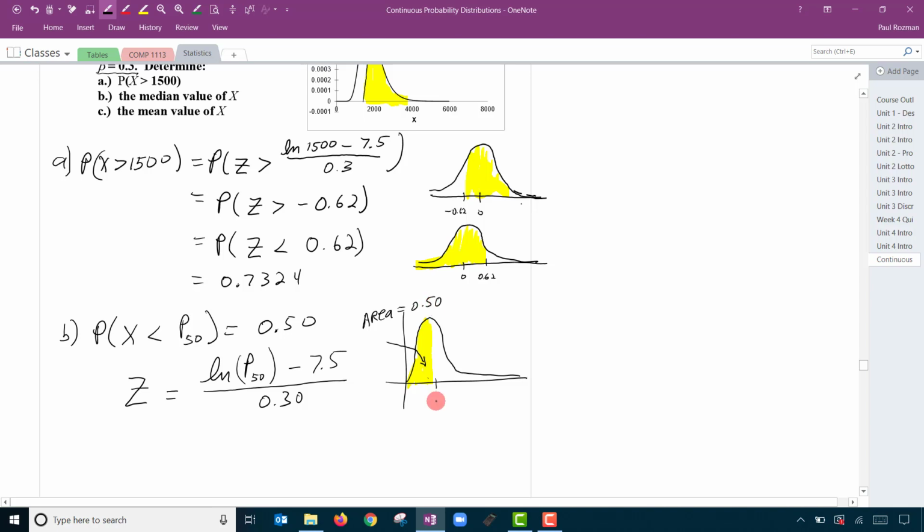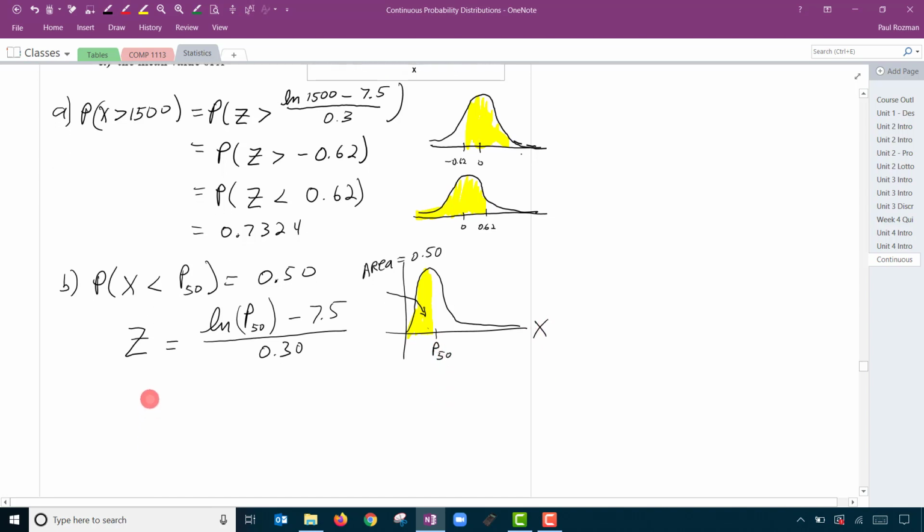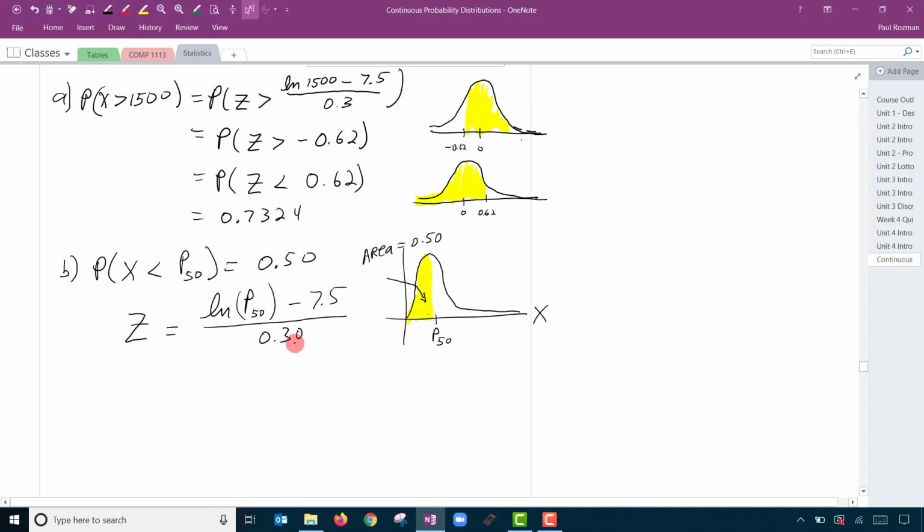So this is the spot on the axis, this P50, the 50th percentile. The z-score that goes along with this must be 0, right? If we look at our z distribution, 0 is in the middle, so the area to the left of 0 is 0.5.